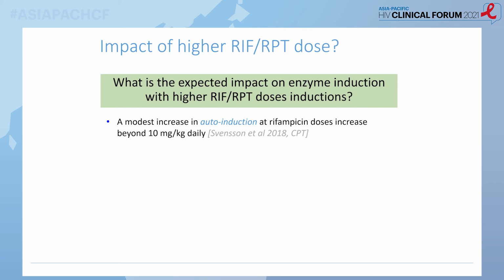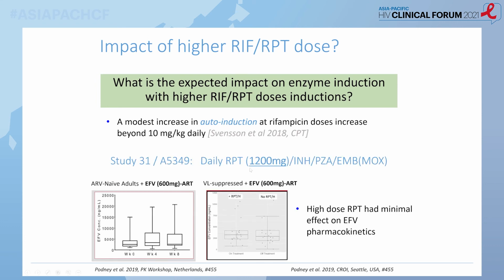There have been studies already at these higher doses, for example, the study we talked about earlier with rifapentine and moxifloxacin, with high-dose rifapentine with efavirenz. Even despite this higher dose of rifapentine, the impact on efavirenz concentrations was minimal. So giving these 4-month treatments with high-dose rifapentine with efavirenz does not seem to have a major impact.